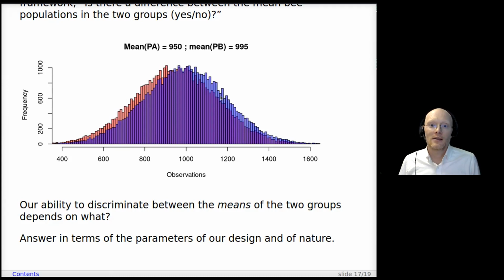Secondly, the scope of that natural variation, which is the width of these two curves: the larger that is, the harder it is to tell a difference between the means. And lastly, the sample size that we have, which is something we can control. The more samples we have, the better we can resolve differences between the two means, right?